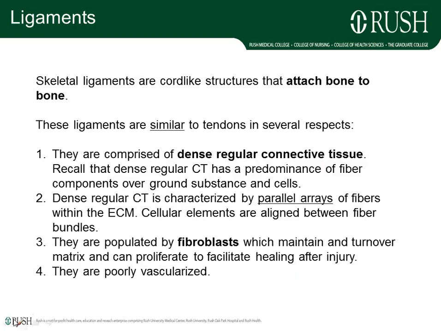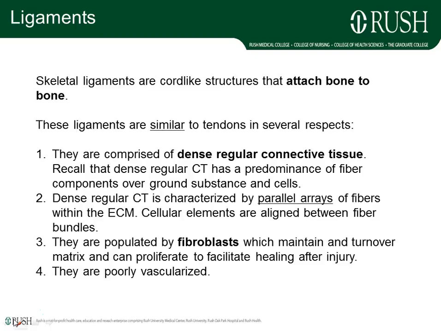Now, skeletal ligaments are very similar to tendons in several respects. First of all, they are comprised of dense regular connective tissue, so they have all of the characteristics of dense regular connective tissue. They are populated by fibroblasts, and I've seen literature that calls them ligamentocytes, but we're just going to call them fibroblasts here, make life easy.